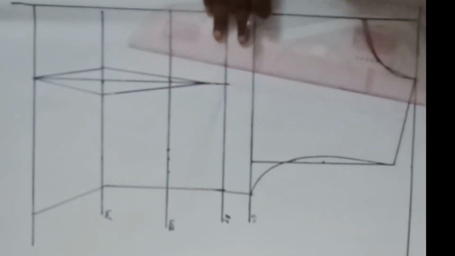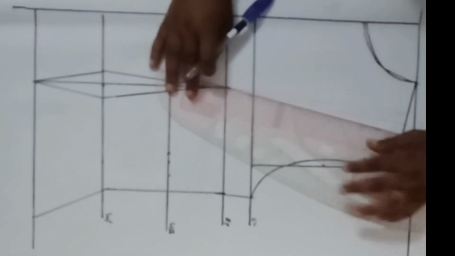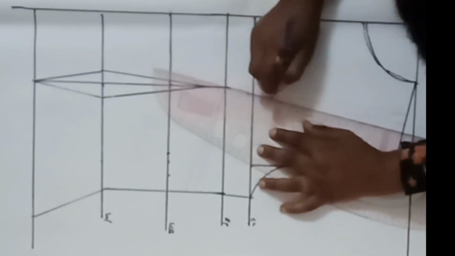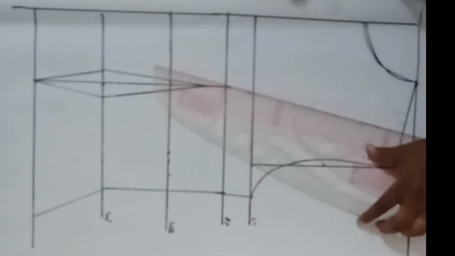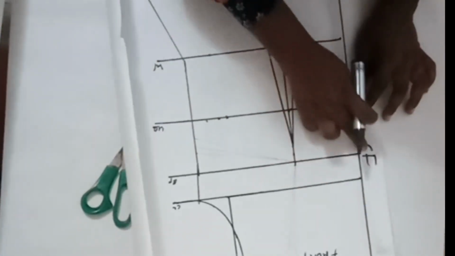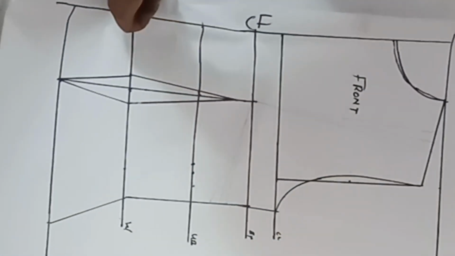Then connect it to the bust point. So every dart is still coming to the apex point, which is the bust point. Can you see? All right, so I've labeled that as my front bodice. Sorry guys. So that's my front bodice.